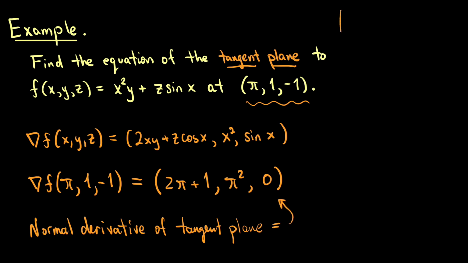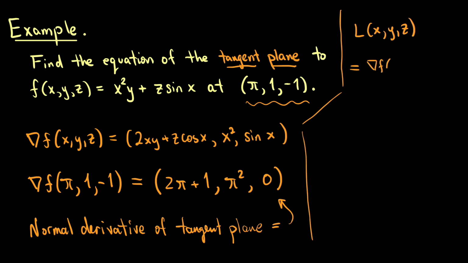Another way to say it is, what's the linear approximation? Well, the linear approximation is just L of x, y, z equals the gradient of f at this point, dot x, y, z.